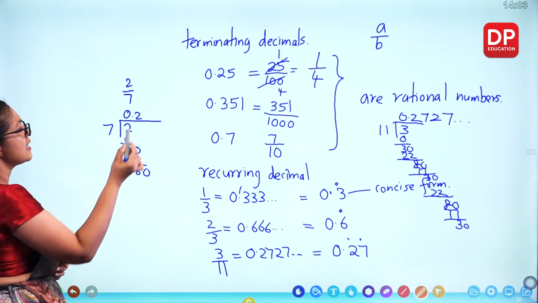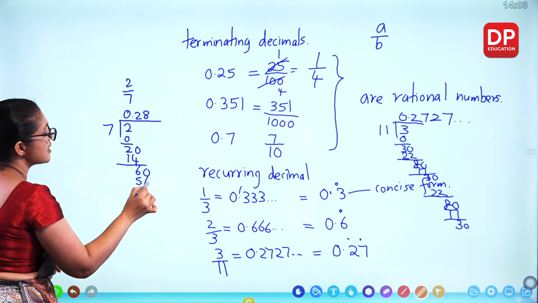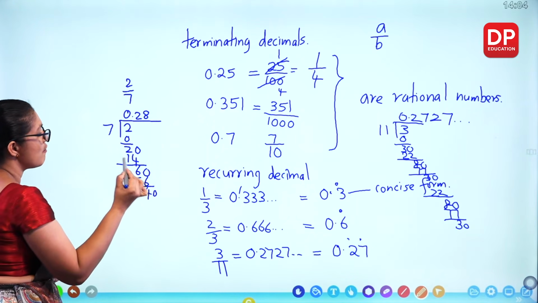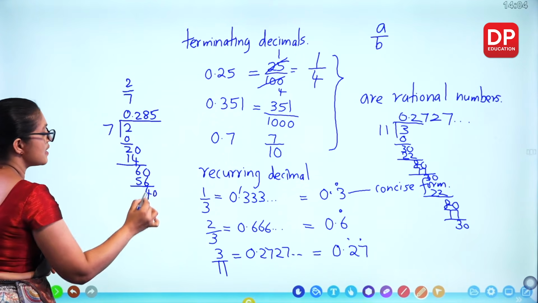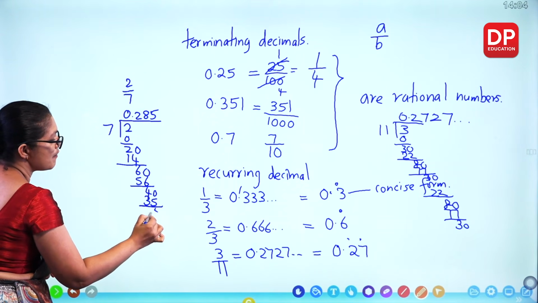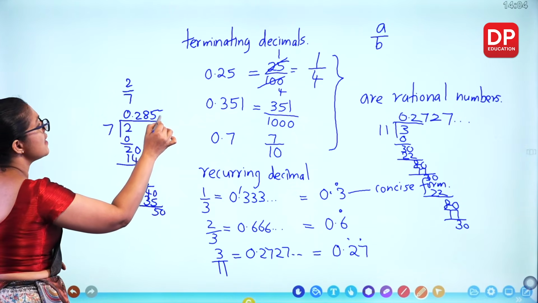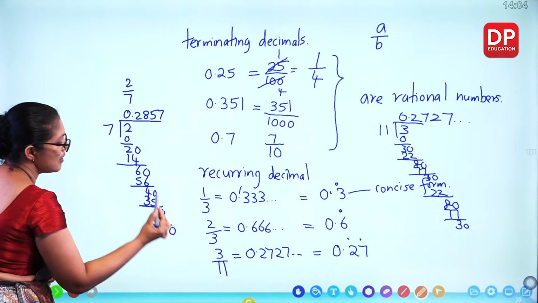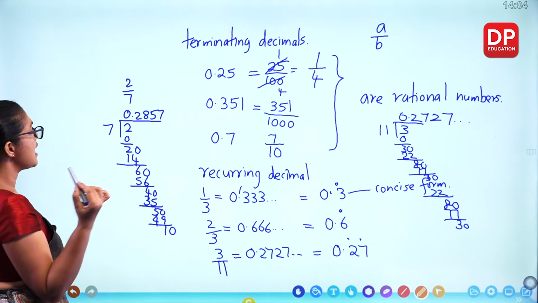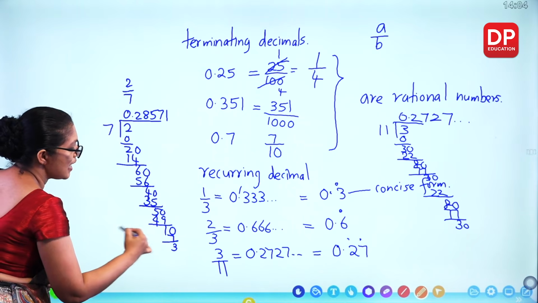For 60, 7 times 8, 56. 4 remaining. For 40, 7 times 5, 35. 5 remaining. For 50, what's the number? 7 times 7, 49. Now 1 remainder, and when you take 10, that's 1. 7 times 1, 7. Now again 3.